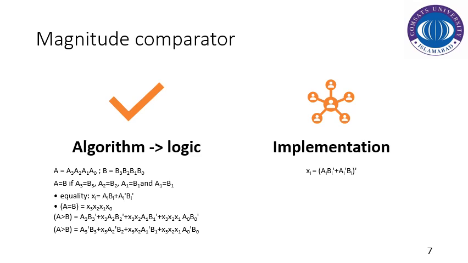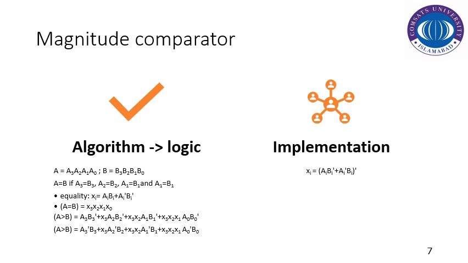If we look at the implementation of this equality condition, a particular logic gate can be used to test the equality. If we observe the behavior of the exclusive NOR gate, we can easily implement the equality condition with it.